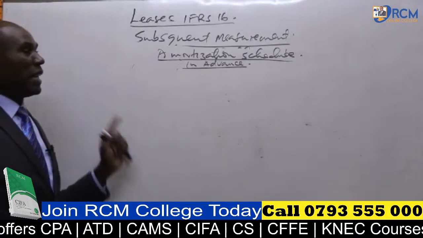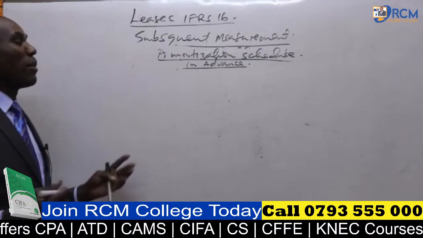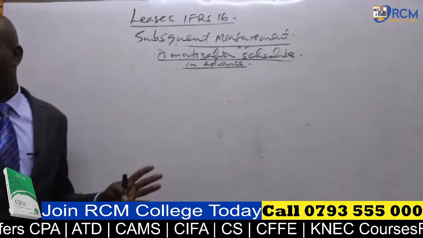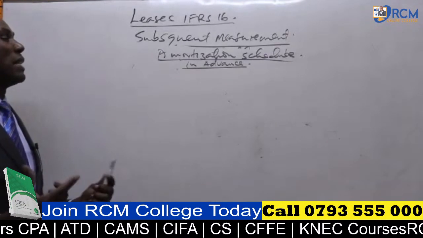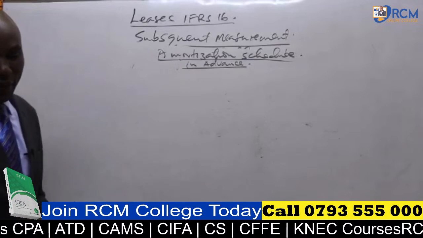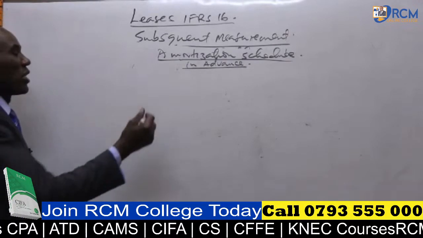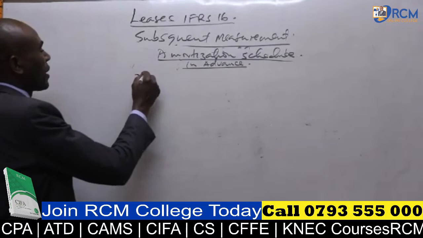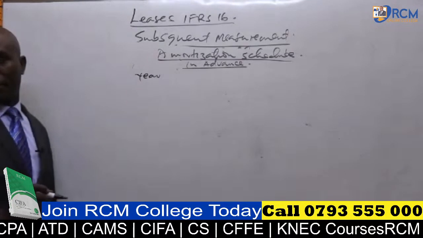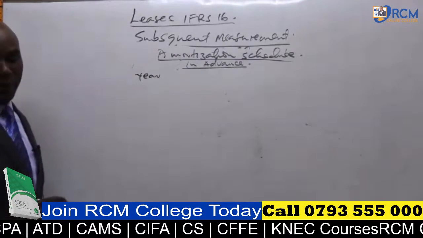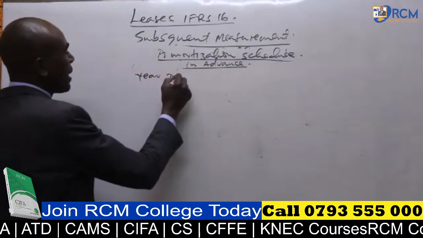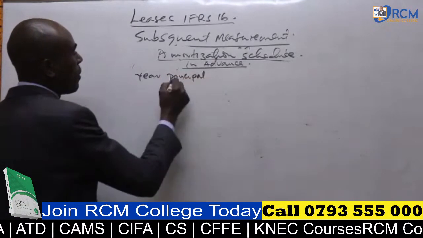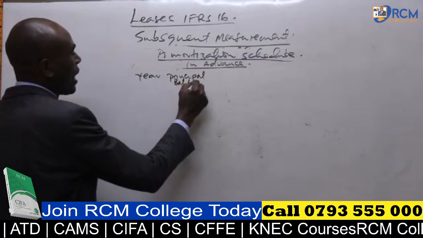Therefore, if payments are made in advance, how do we prepare the amortization schedule? This is how we prepare it. I will say year. Then balance brought down, principal balance brought down.